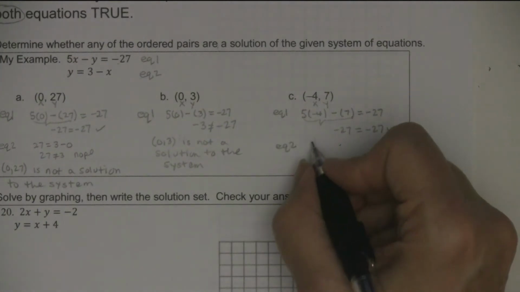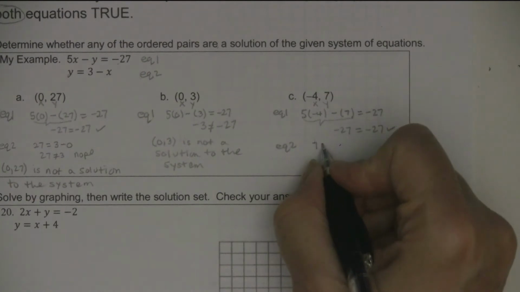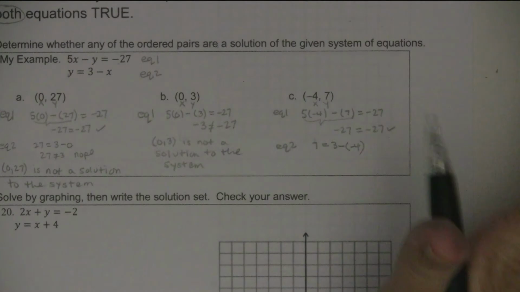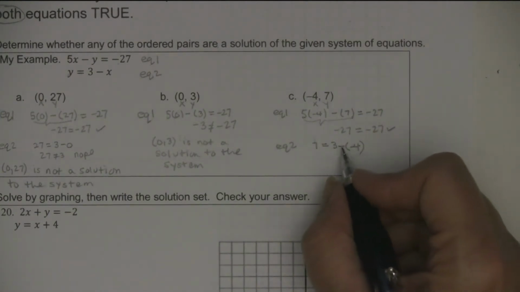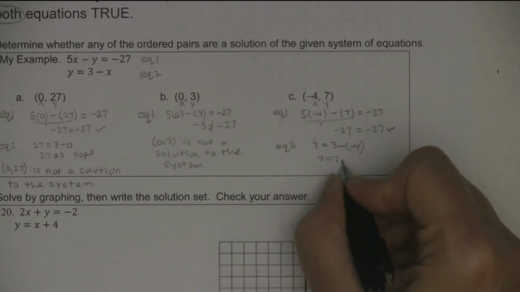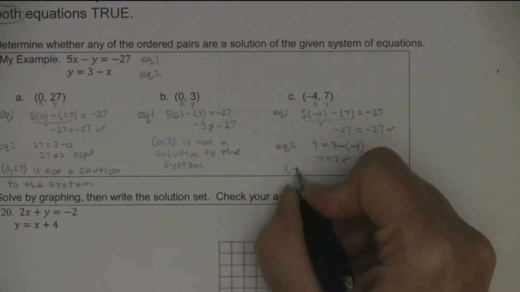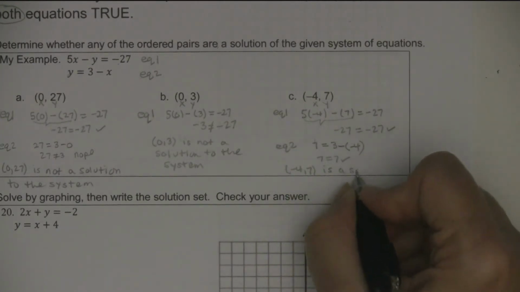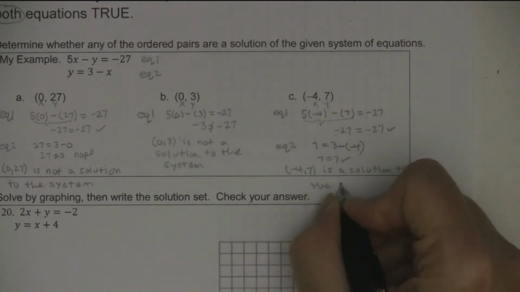We're going to put the same thing in. y is 7, equals 3 minus x, and x is negative 4. So we have a subtract of a negative, so it's add. This is 3 plus 4, which is 7. 7 does equal 7, so this is true. Since they're both true, it solves both. So (negative 4, 7) is a solution to the system.